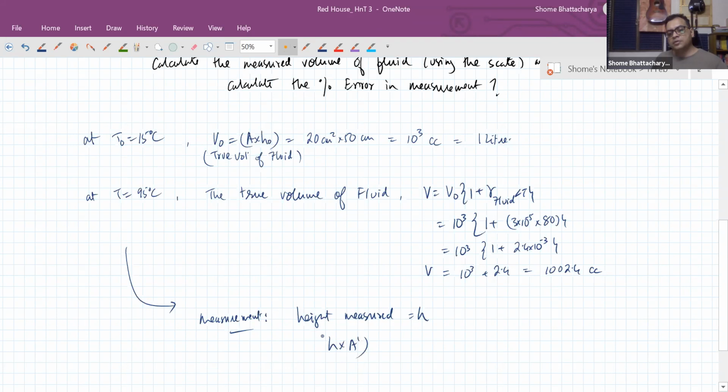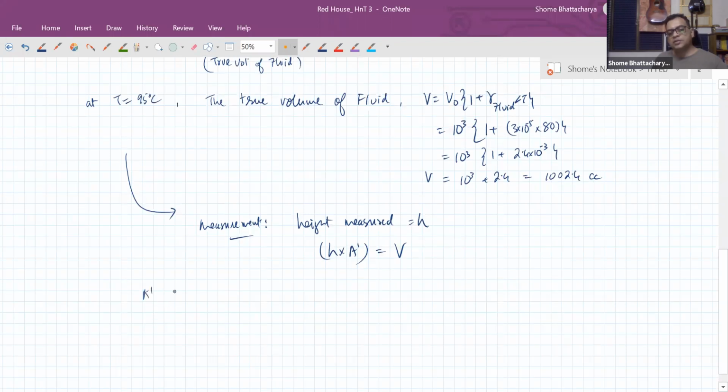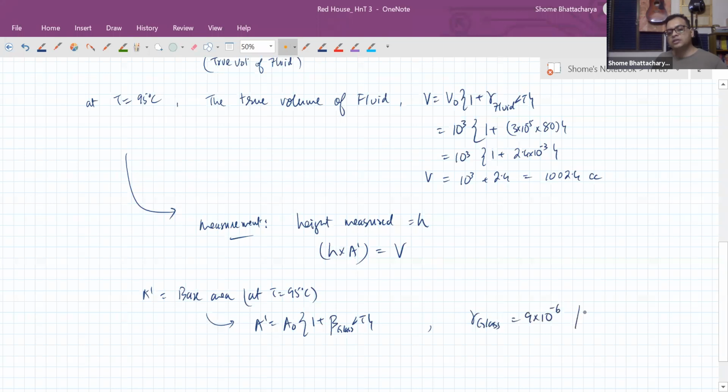So h into A prime should be equal to the true volume, where A prime is the base area at T equal to 95 degrees C. So the base area is going to be A naught into 1 plus beta of glass into delta T. Now gamma of glass was given to us as 9 into 10 raised power minus 6 per degree C, so beta of glass will become 6 into 10 raised power minus 6 per degree C. So this base area is going to be 20 centimeters square into 1 plus 6 into 10 raised power minus 6 into 80.